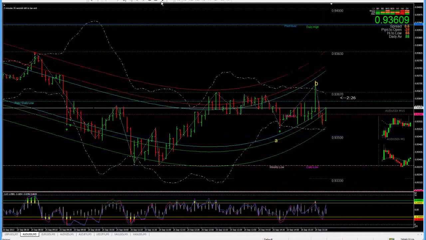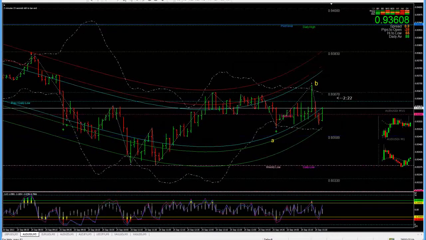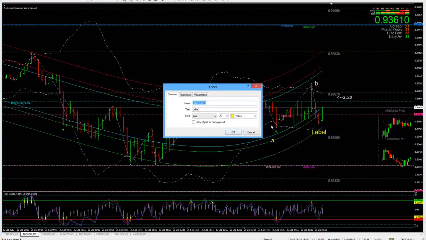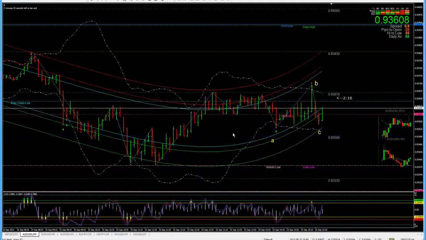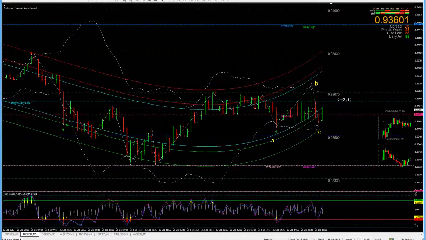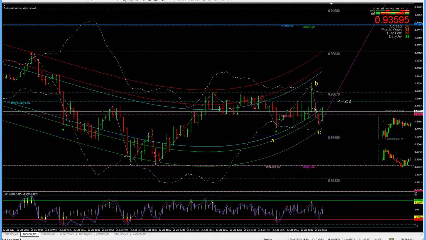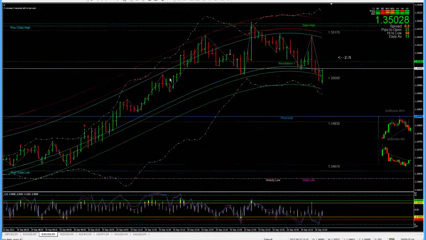You'll get the idea. Down here, possibly, we have C. So A, B, C. What are we looking for next then? We would be looking for D to form, which would possibly head up that way, which would turn into a valid Fibonacci retrace. Let's go to a different chart and take a look at that.